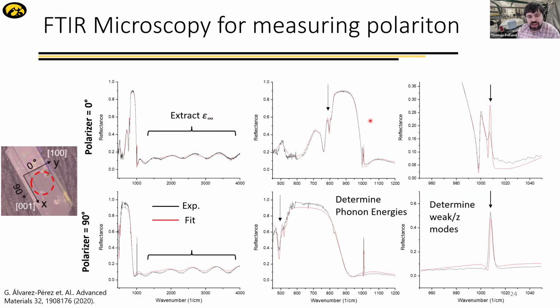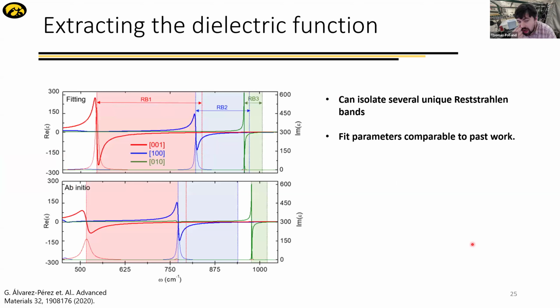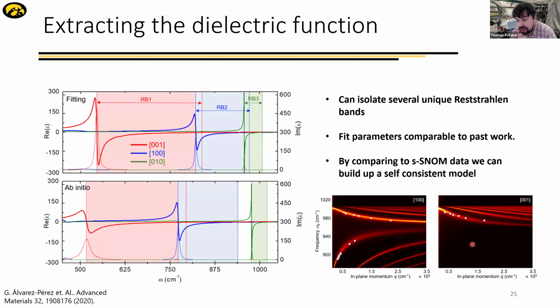Then these features tell us information about the phonon energies as we just described, and we can even see some features from out-of-plane directions in the microscopy we do. And from this, again, we can extract nice optical models that can be used for predictive modeling for polaritons.